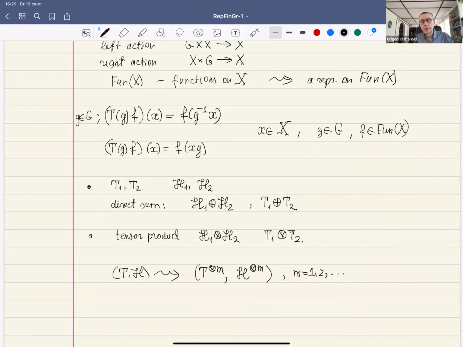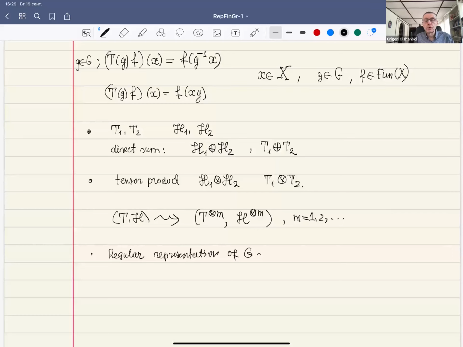Well, what next? But why do representations exist? The simplest way to see this is to use the so-called regular representation of G. I recall G is a finite group. So the group itself already carries a natural representation.